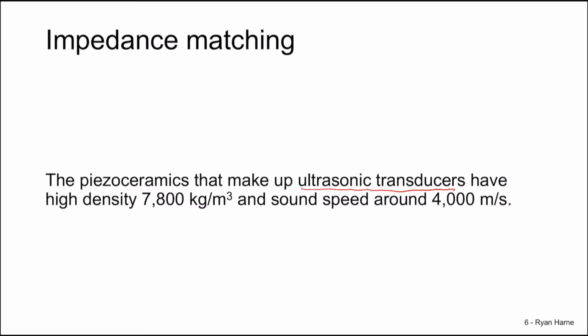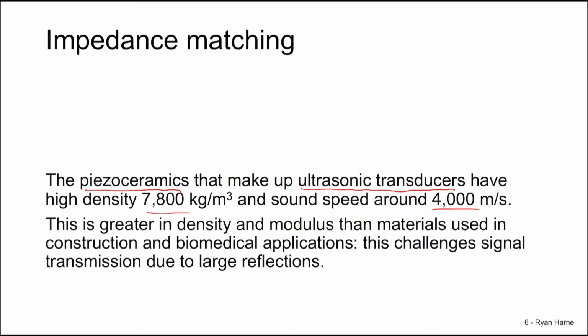The piezoceramics that make up many ultrasonic transducers have very high density and sound speed in comparison to the materials that we monitor, such as in construction materials, biomedical monitoring, manufacturing quality control. The density and modulus of these materials is much less than brittle piezoceramics, and this leads to poor signal-to-noise ratio because most of the power is reflected.